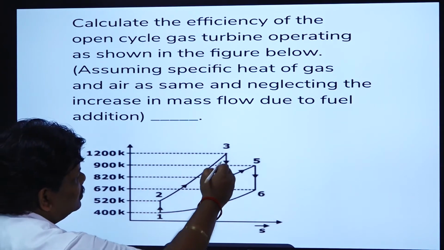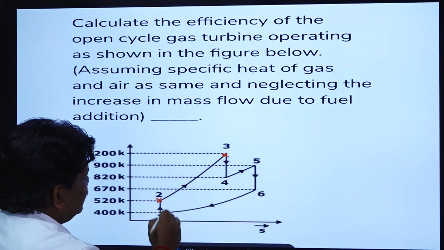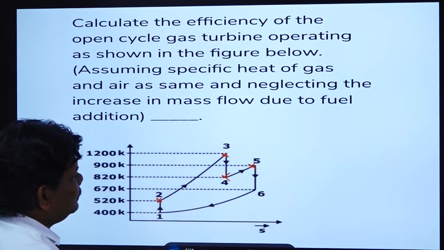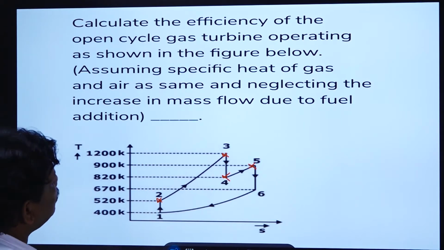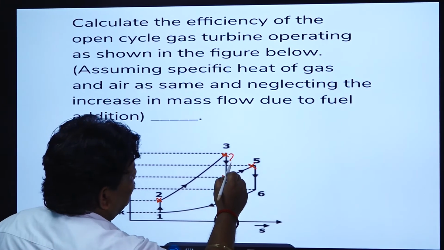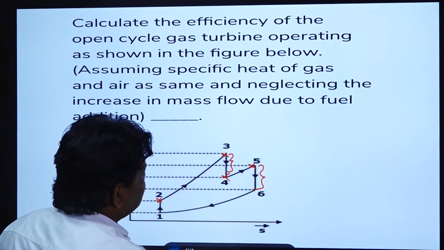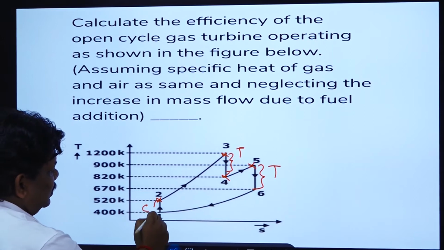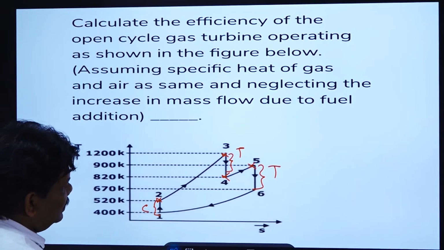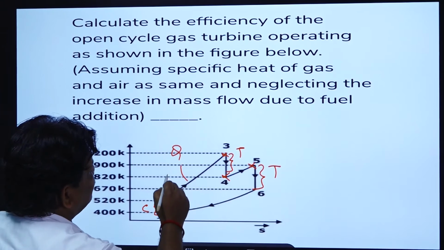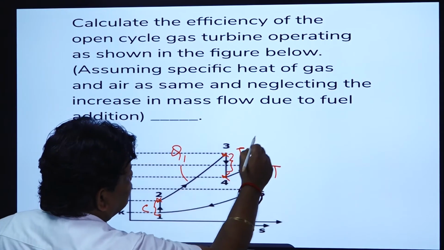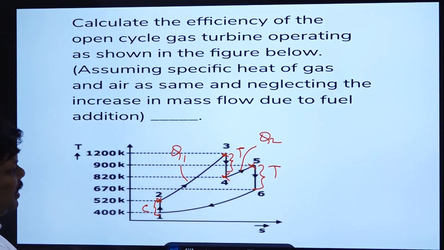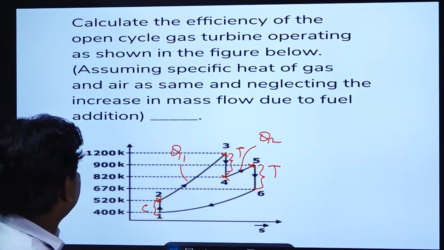So 1 to 2 is compression, 2 to 3 is where heat addition takes place, and similarly here also there is heat addition. These are the work done by the turbine, and this is the work done by the compressor, and here the amount of heat added, let this be Q1 and this be Q2.